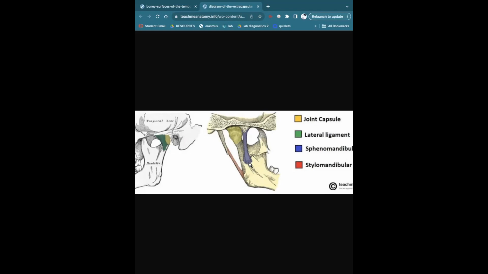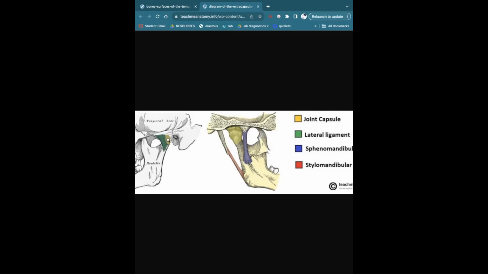These are extracapsular ligaments, outside the capsule. And we know that the joint itself has a joint capsule around it. So you have a joint, which is the head of mandible joining with the mandibular fossa and the tubercle of the temporal bone. These are the articulation surfaces, and there's an articular disc.